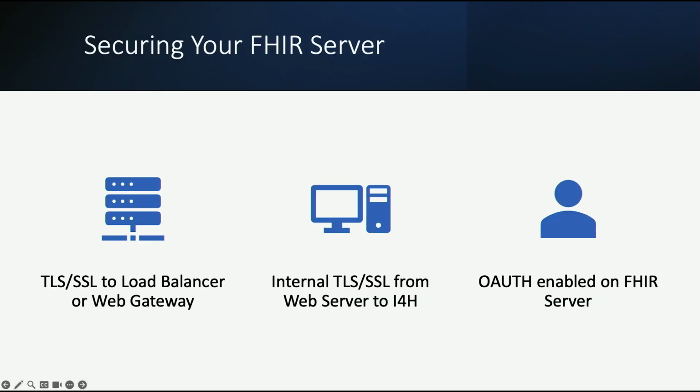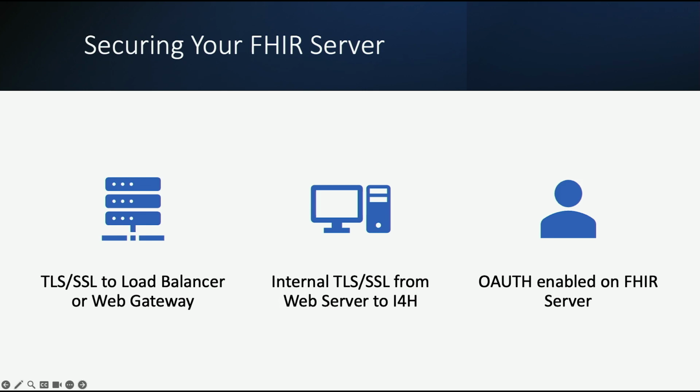These are some of the components that you would need. You need a load balancer, and we provide that in the manifest you'll see today. We also have set up internal TLS SSL from the web gateway to Iris for Health. Why do we need that? Because the OAuth server requires all traffic to be encrypted.